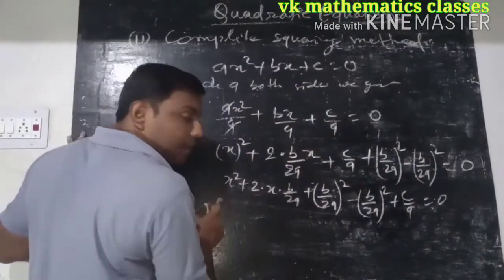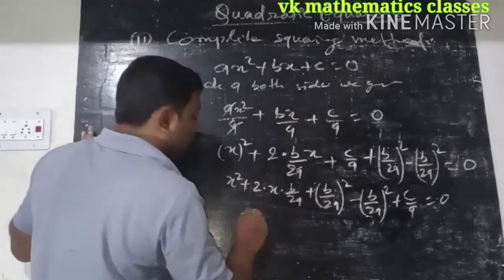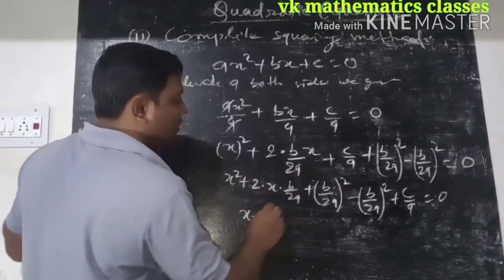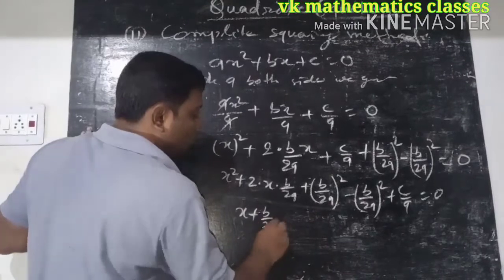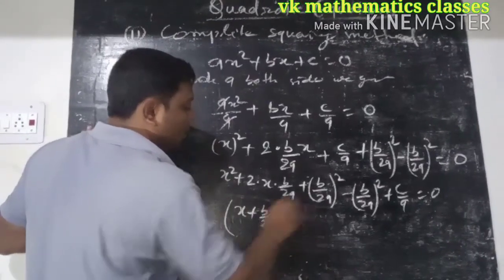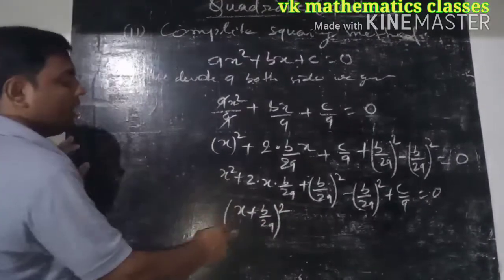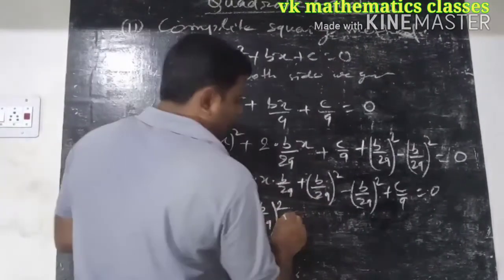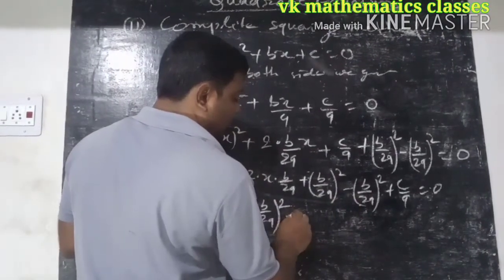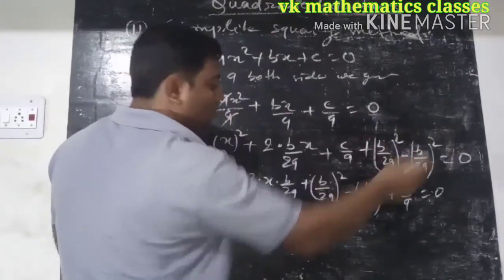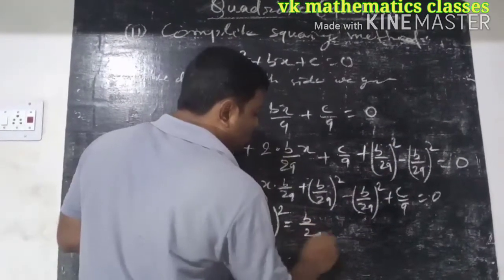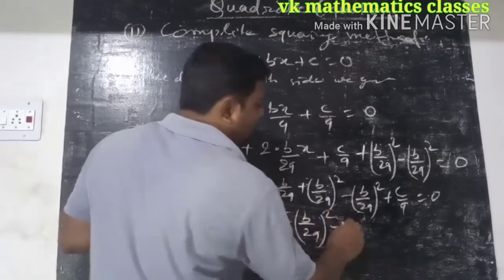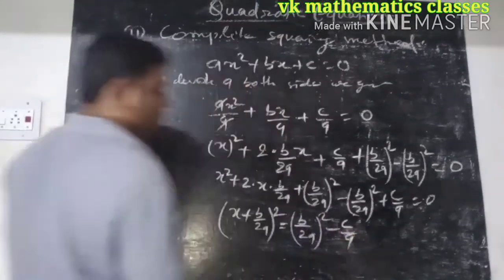This is the form of (a plus b) whole square. So written here, x plus b by 2a whole square, and now here it is equal to (b by 2a) square minus c by a.